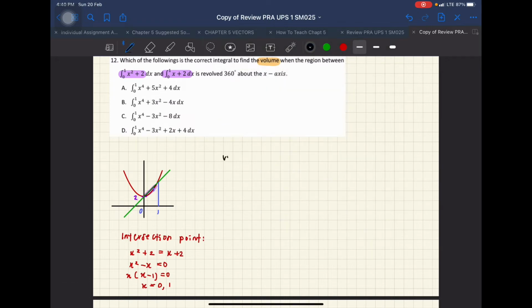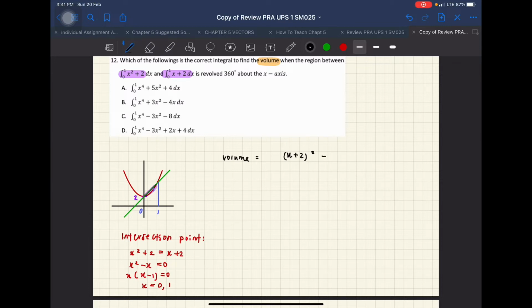So volume is equal to, okay, if you look here, we are involving two graphs. When involving two graphs, the way to find the volume is you take the upper function and then minus the lower function. The upper function is the linear one, right? So you will have linear is x plus 2 squared.